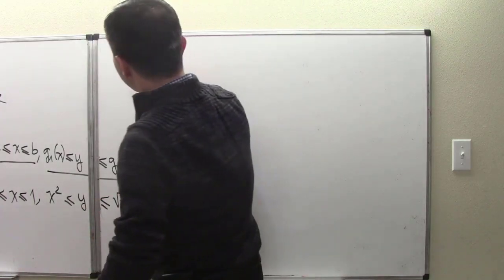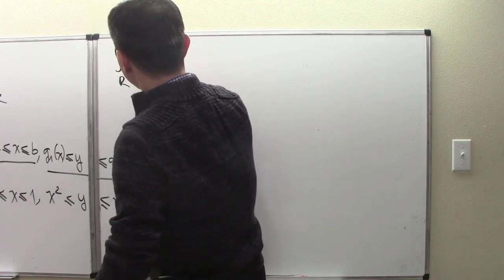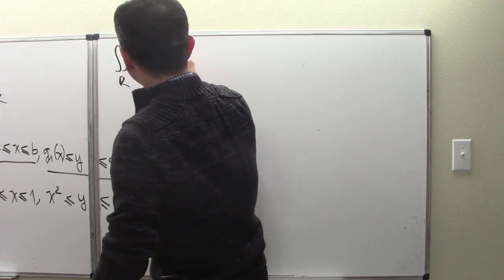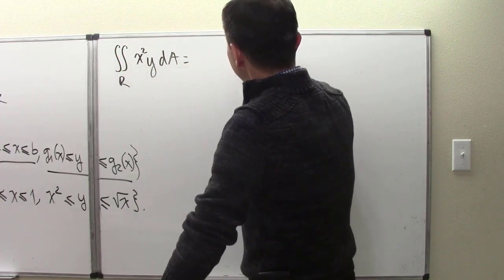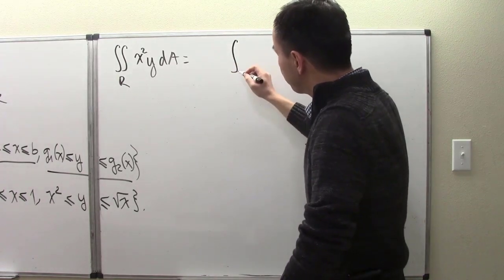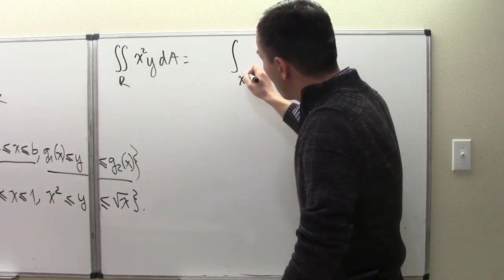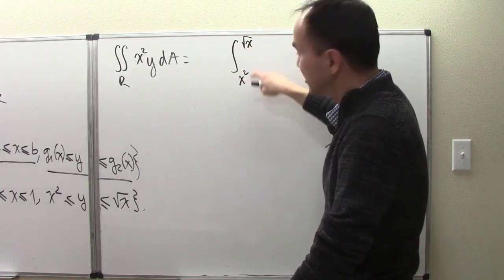The double integral over the region that we have seen in the picture, the function here is x squared y dA. This can be calculated as the iterated integral, first from x squared to square root of x. This is g1 of x to g2 of x.